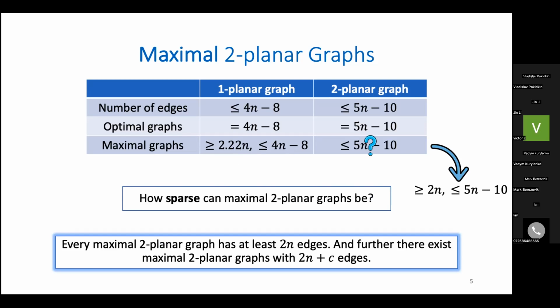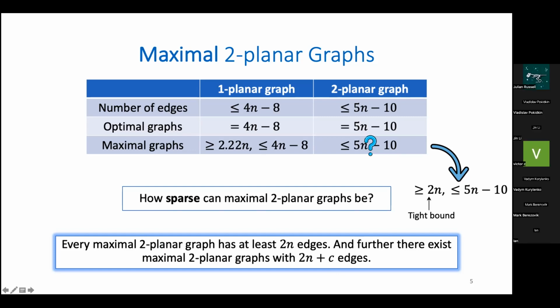We were able to prove that every maximal two planar graph has at least 2n edges. And then we were able to prove that this bound is tight, because we found a set of graphs which have 2n plus some constant number of edges, and all these graphs are maximal two planar. So essentially, we gave a lower bound of 2n and proved that it is tight.